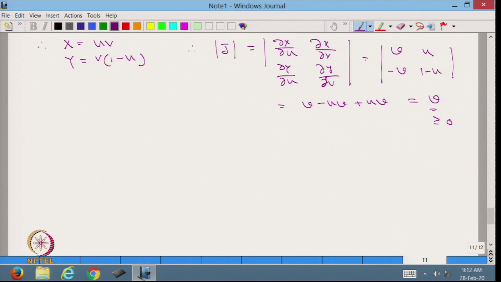Therefore, we need not take any modulus here.